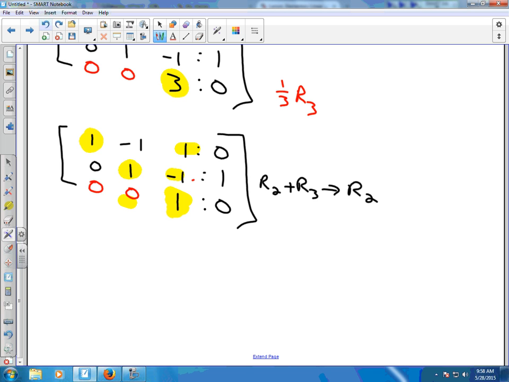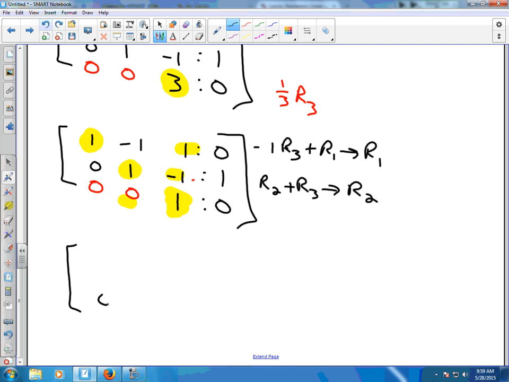So we're going to do minus 1 row 3 plus row 1. So the bottom row didn't change.